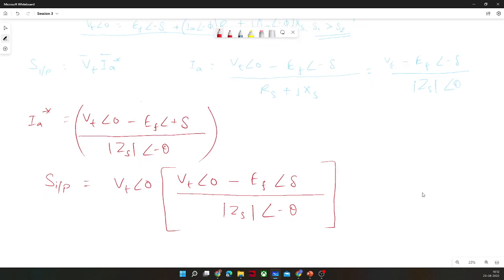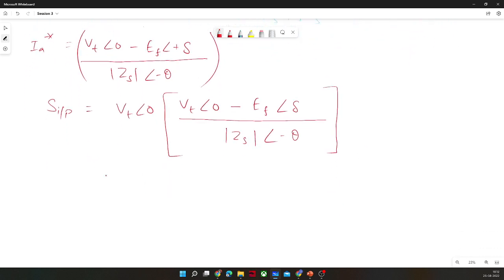Now I will club both of these terms. So Vt square divided by mod Zs, theta would go upside, so it will become plus, minus Ef Vt by Zs angle theta plus delta.